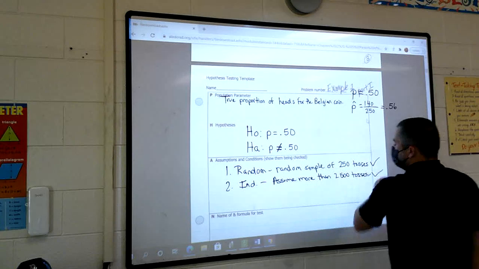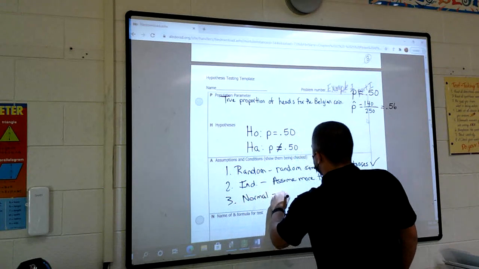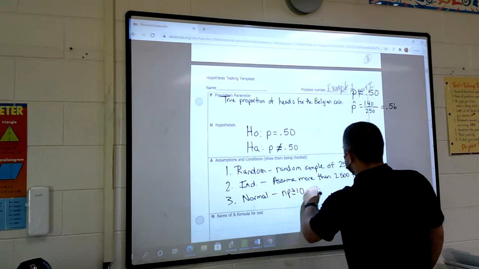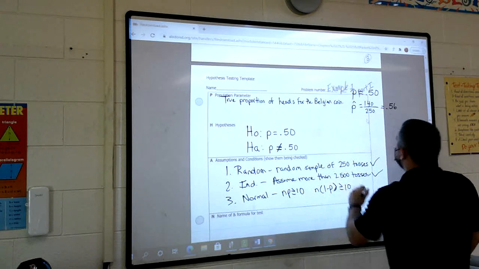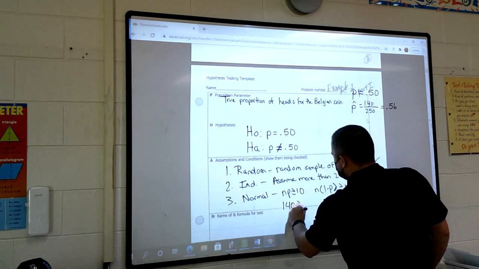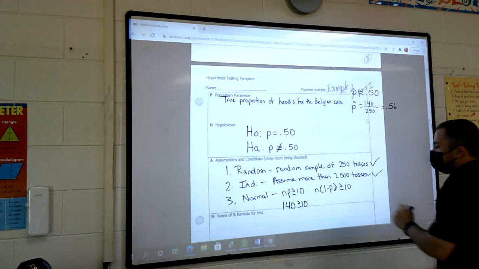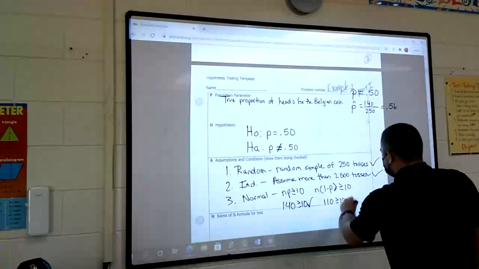Okay. Number three, normal. np is greater than or equal to 10. n(1 minus p) is greater than or equal to 10. We had 140, and then 250 minus 140 is 110. So our sample is big enough.